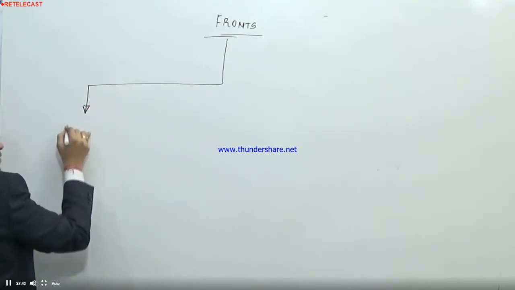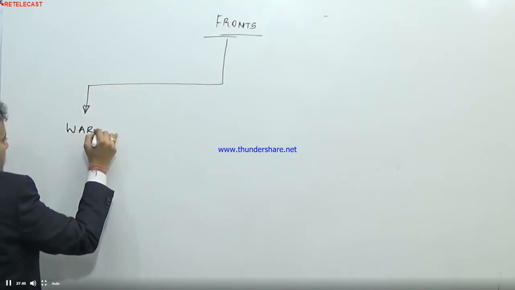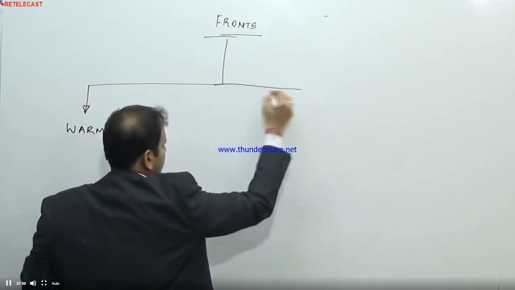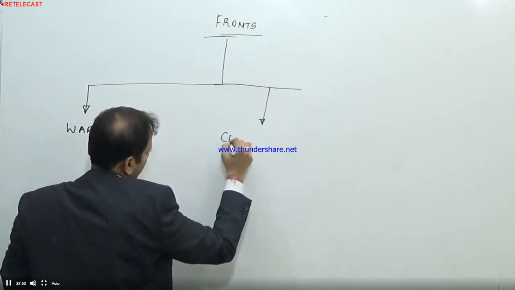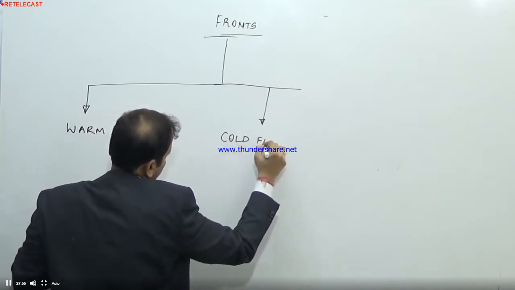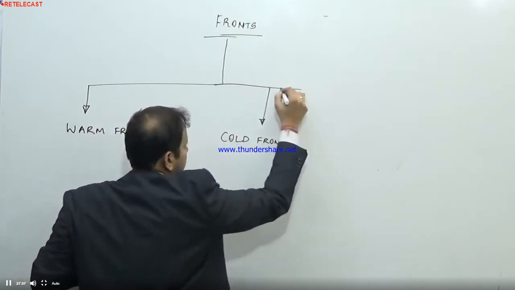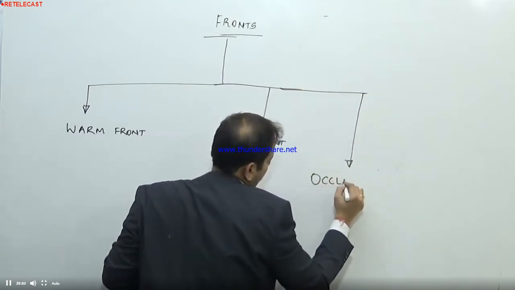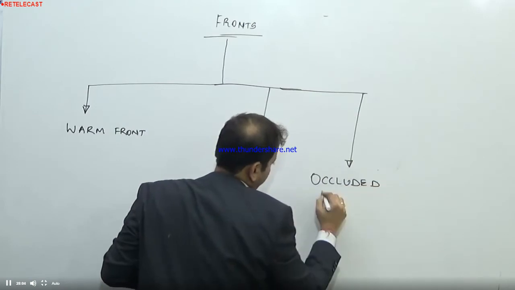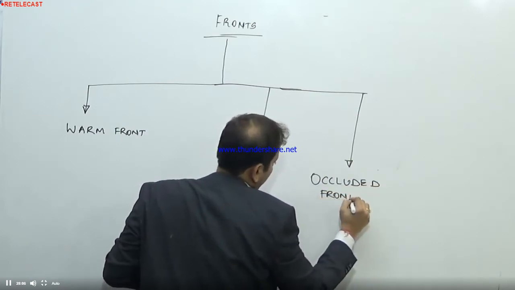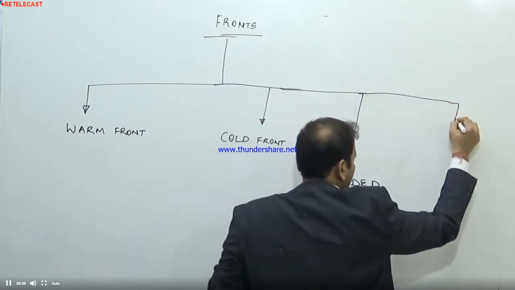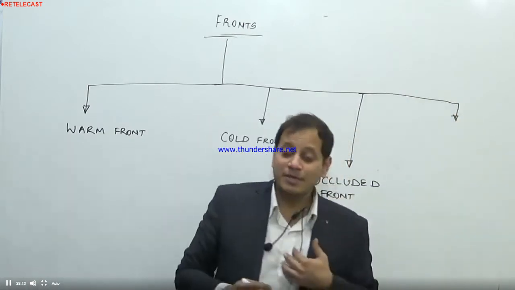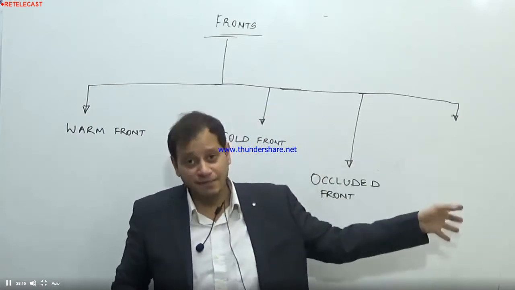There is a warm front. Then there is a cold front. There is an occluded front. And then there is a stationary front, though geographically speaking this is not a front, but we as human beings have a habit of simplifying and classifying everything.